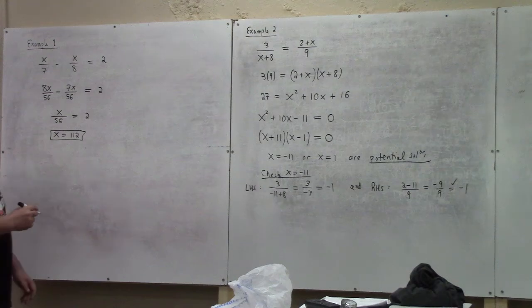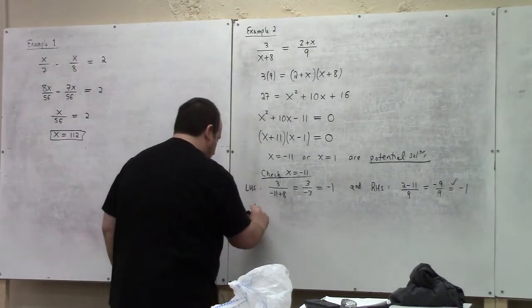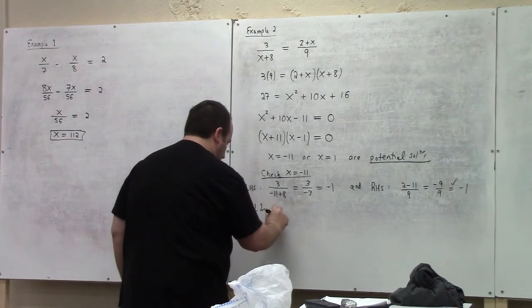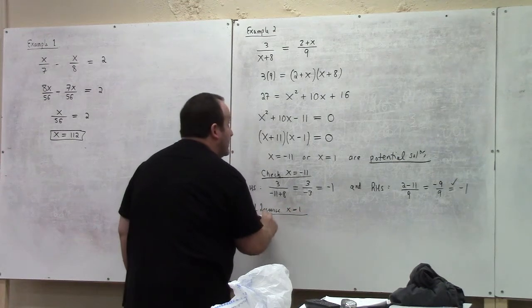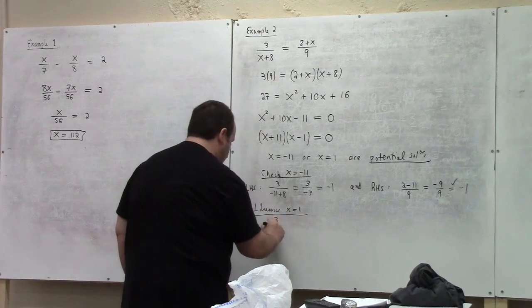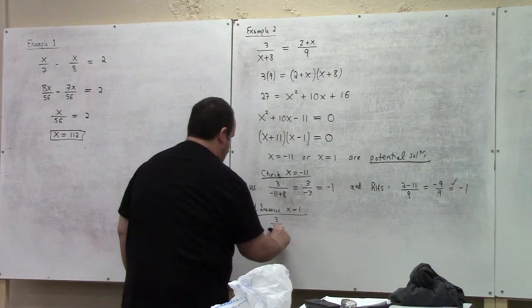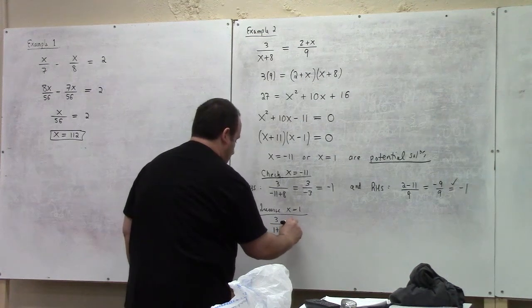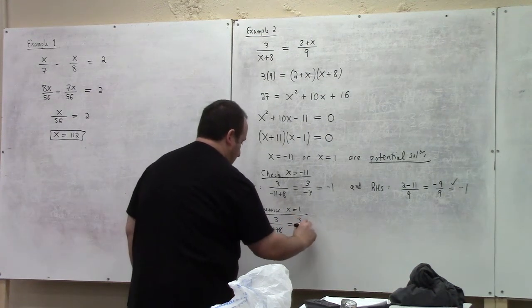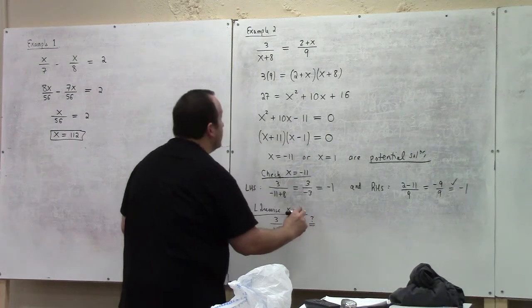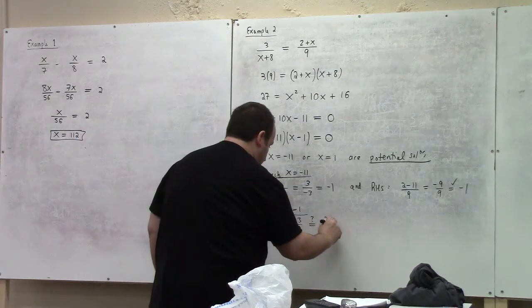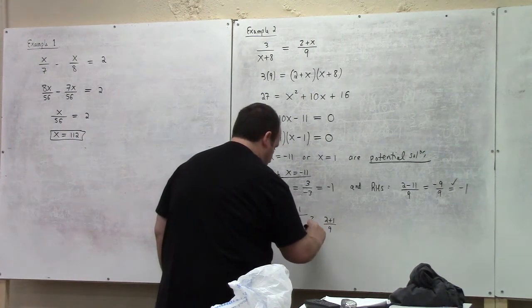And if you think about x equals 1, likewise, we've got 3 over 1 plus 8, and that's 3 over 9, and does it equal 2 plus 1 over 9? Well, that's 3 over 9, right?